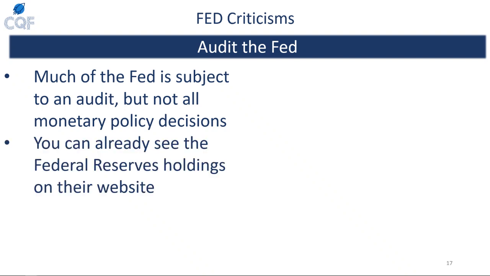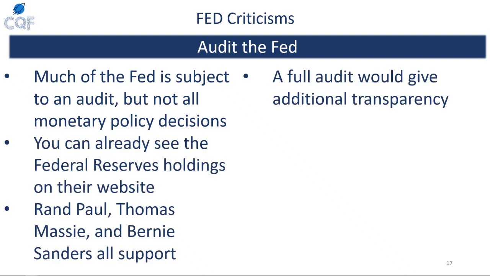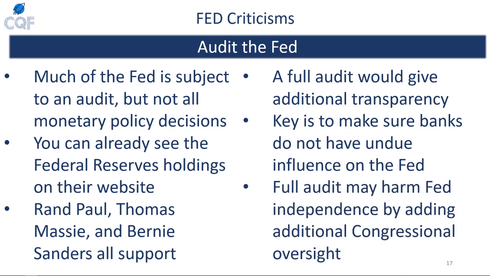Another big criticism is the lack of transparency, like I mentioned. So there's a big movement out there to audit the Fed. What does that mean? Let's first be clear. Much of the Fed is already subject to an audit. You can go on their website, you can see all their holdings. So this whole audit the Fed movement really is about getting more clarity about monetary policy decisions.